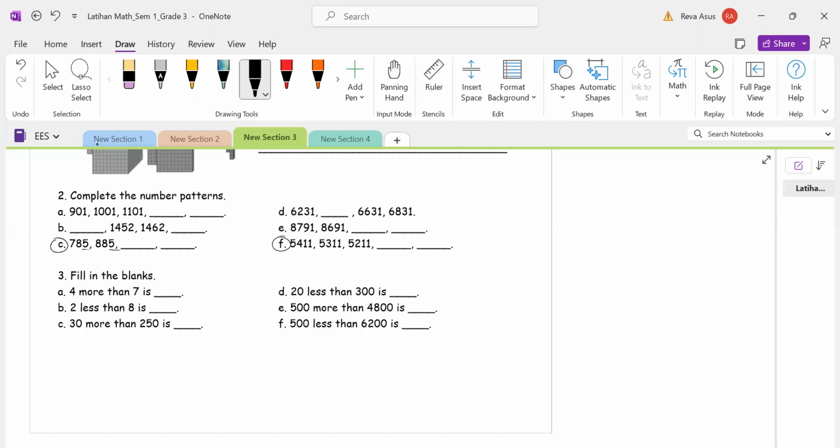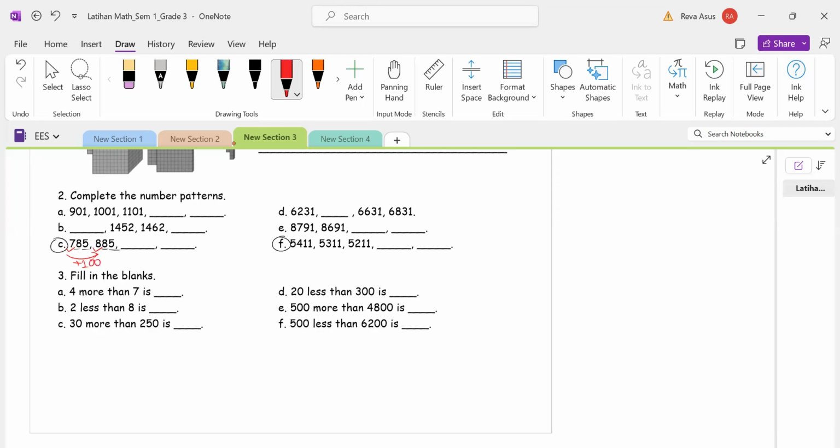The ones is same, the tens is same, but the hundred is different. The hundred here we have seven, and the hundred here we have 8. How can 7 become 8? It is plus 1. Because it is at hundreds, the difference, so we need to plus by 100.